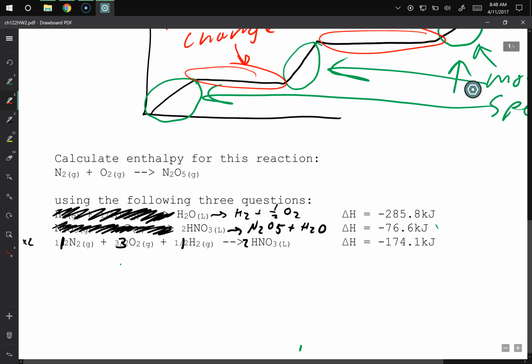And then when I do that, then that cancels with that. That cancels with that. This cancels with this. I've got my 1 nitrogen. I've got my 1 N2O5. And I still have 2.5 O2. And I cancel out that and that.